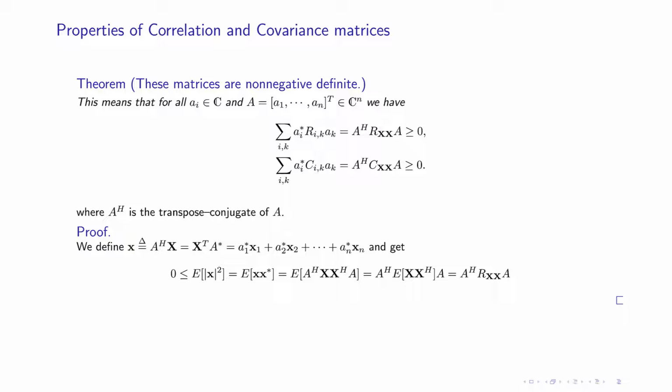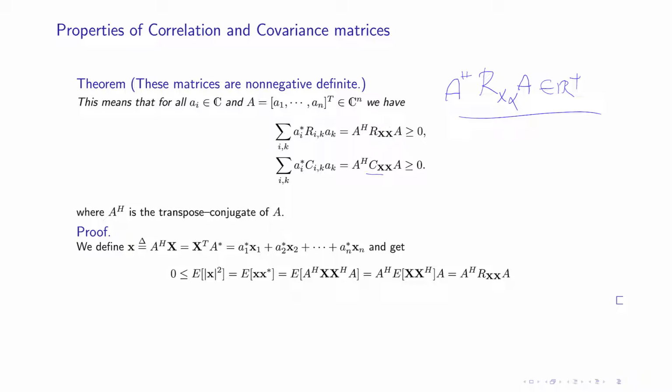It means that if you have these matrices, let's say RXX or CXX, doesn't matter, and you multiply it by any vector from this side, A Hermitian and A, you always get a real number, and this real number is always non-negative. You could apply it either for RXX and so on.